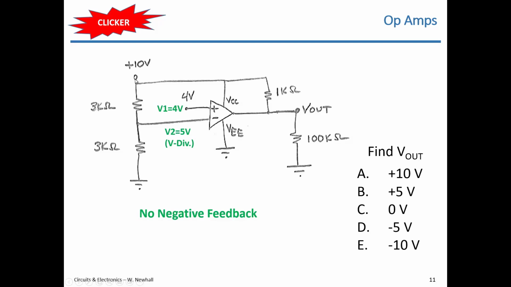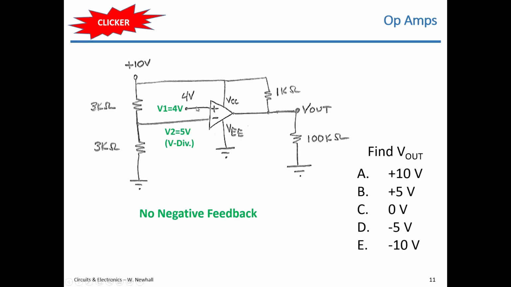These resistors are in series because the same current goes through them, since no current goes into the op-amp input approximately. So by voltage division, you get half of that 10 volt source across this bottom 3K ohm resistor. That's where you get V2 equals 5 volts.